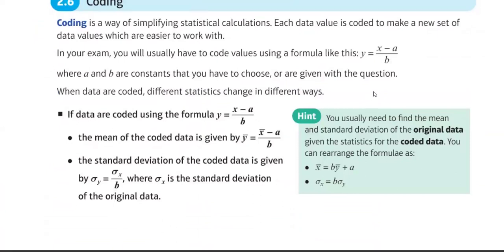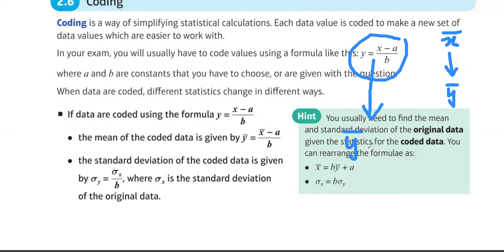Coding data also same thing. If you find x bar like this, then you can find y bar using that detail. If you have this type of coding, how to find y bar? How to convert this coding to y bar? Faris, how to convert this one?